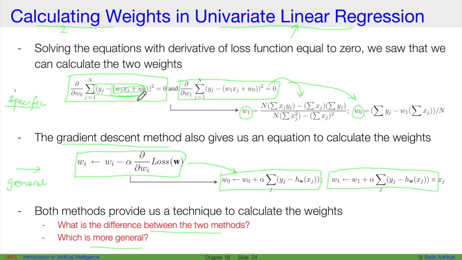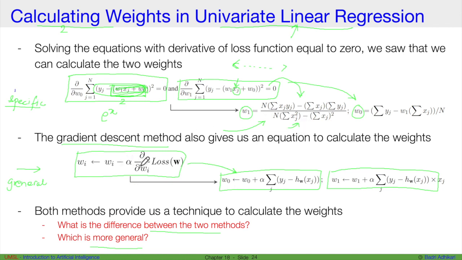If you have a complex function here, for example a square, an exponent, e to the power x, or some other more complicated nonlinear functions involved in your loss function, then solving the partial derivative to come up with an equation like this becomes extremely difficult, particularly when you have more than one input variable. Right now, xj is only one value, but if this becomes a vector with a lot of values in it, then coming up with equations like these becomes very challenging.